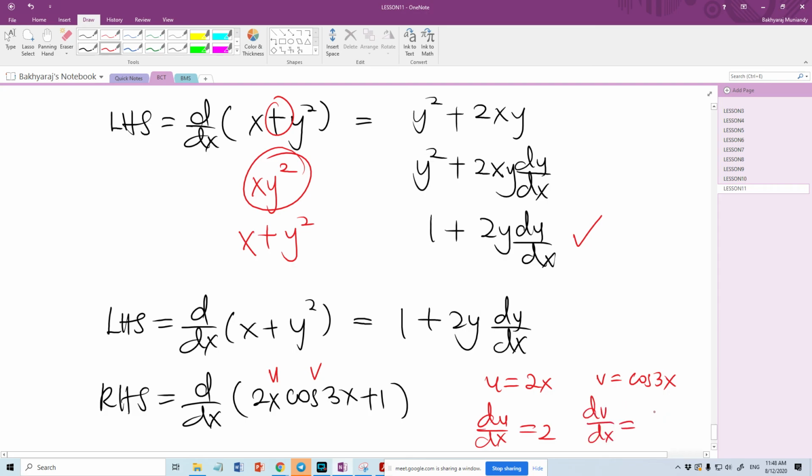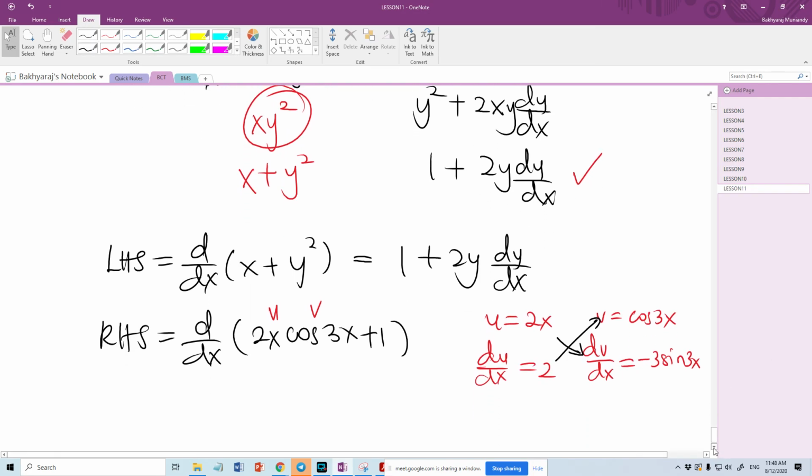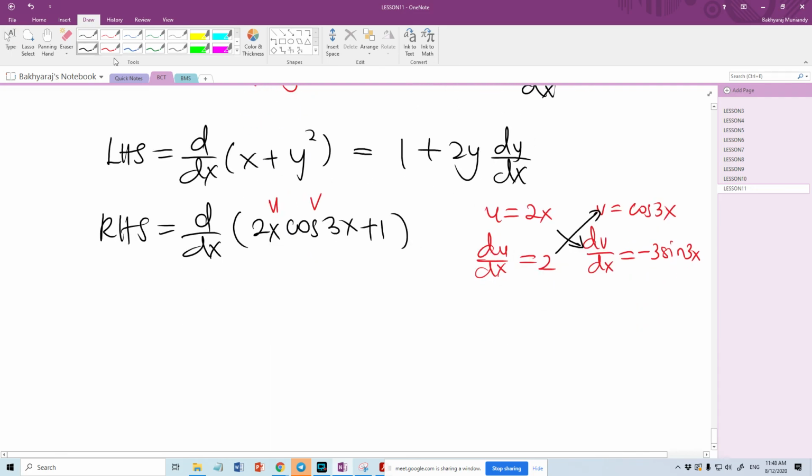what is the answer? Anyone? Yeah, correct. Minus 3 sin 3x. Very good. So cross multiply this and this. So we will get 2 cos 3x and minus 3 times 2 we get 6x sin 3x, and plus 1 becomes 0.